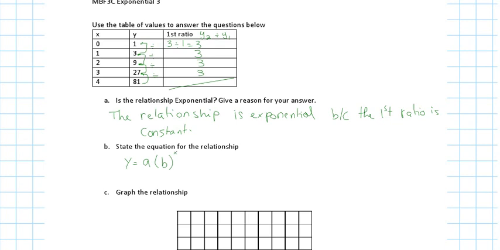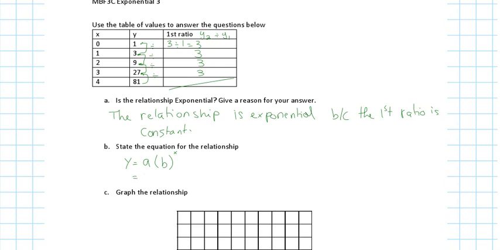What's my initial a value? Look at your initial value. For initial, you're always looking at x equals 0, right? What's your initial value at x equals 0? 1. So that means y is 1. Okay? So that's going to be 1.